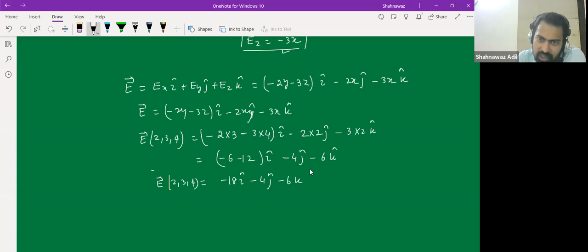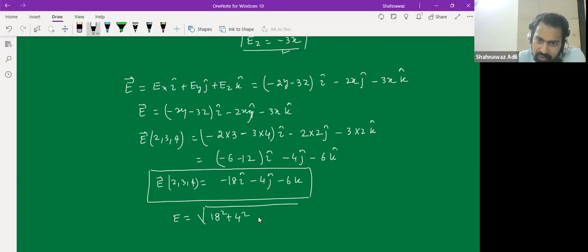Now what would be the magnitude? The magnitude would be simply root of 18 square plus 4 square plus 6 square. So 18 square is how much? 18 square is 324, I guess.